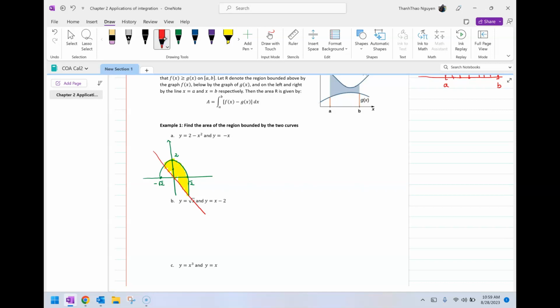Our first step in calculating this is to find the intersection of the two curves. To do that, I take the two curves and set them equal to each other. 2 minus x squared equals negative x. x squared minus x minus 2 equals 0.